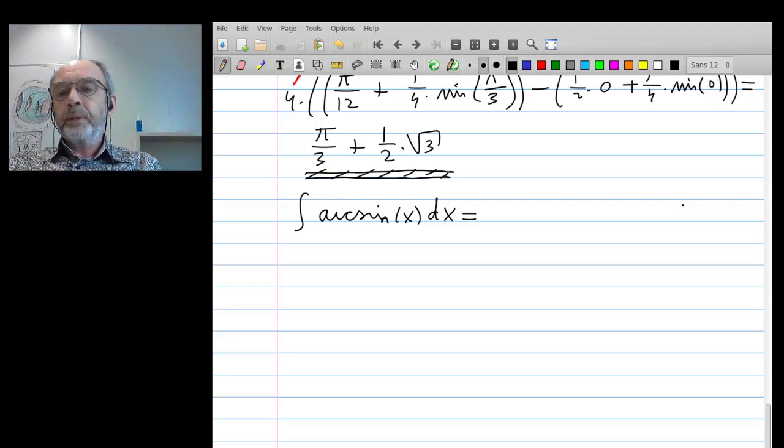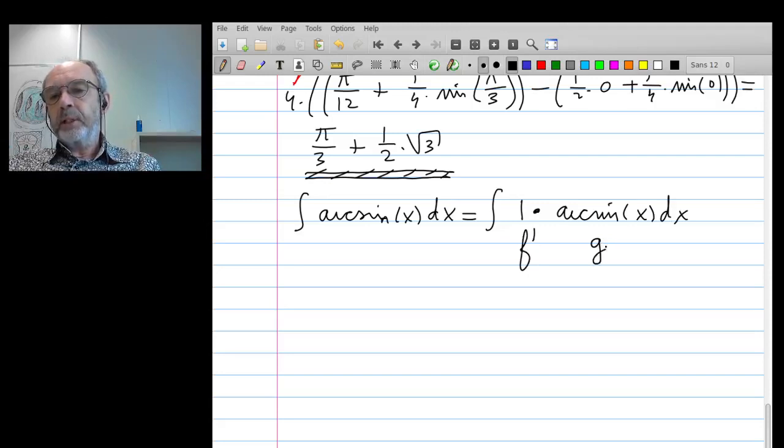so maybe we can do the following, that we can write down this integral as 1 times the arc sine of x, and then that 1 we take as the derivative, and the arc sine as the g, and we do the partial integration.